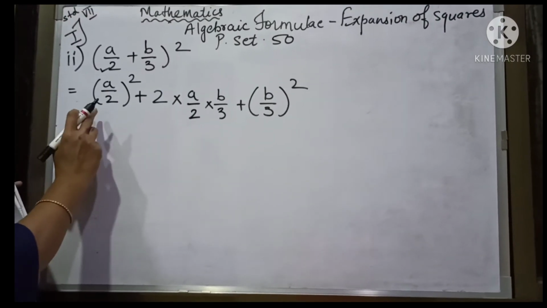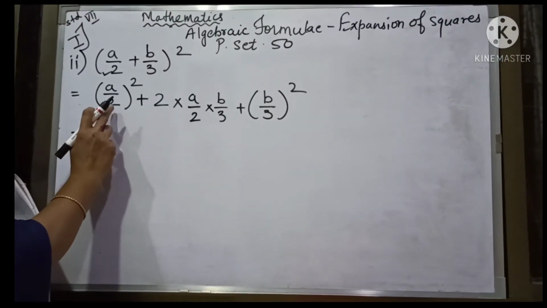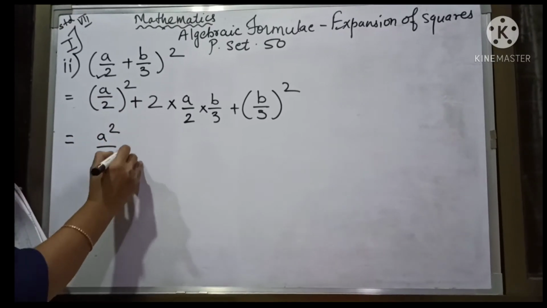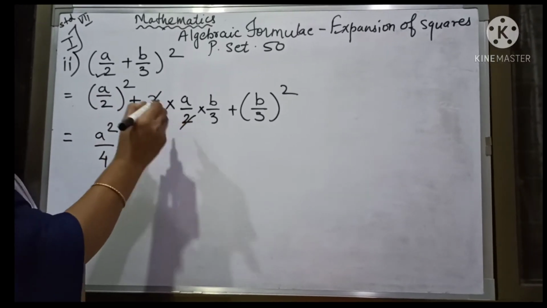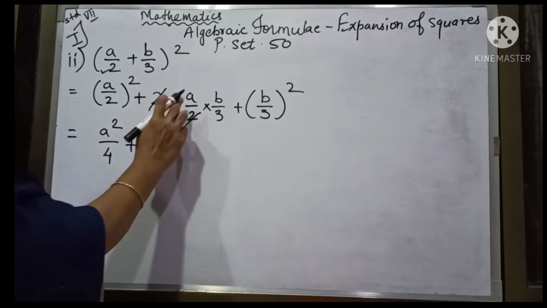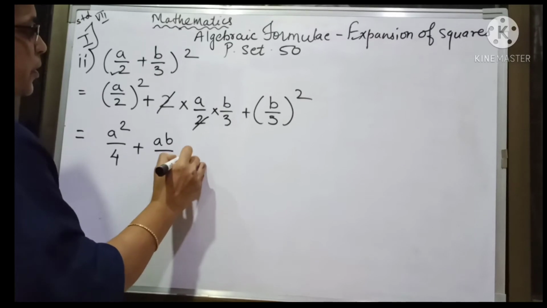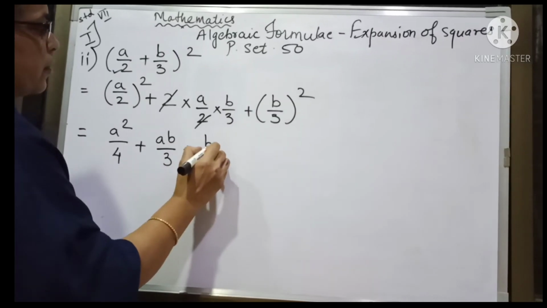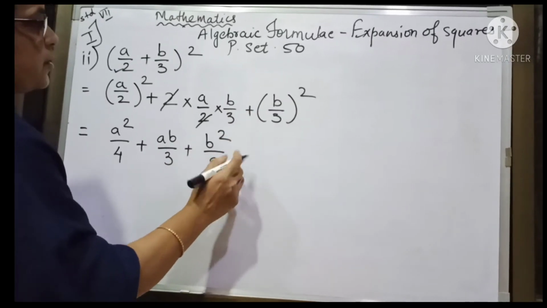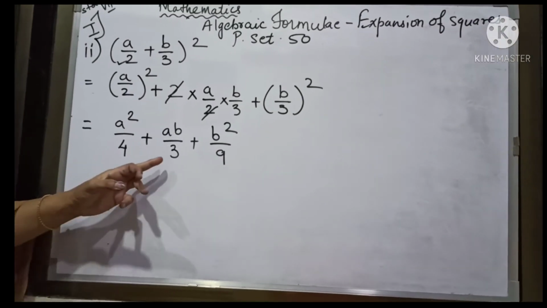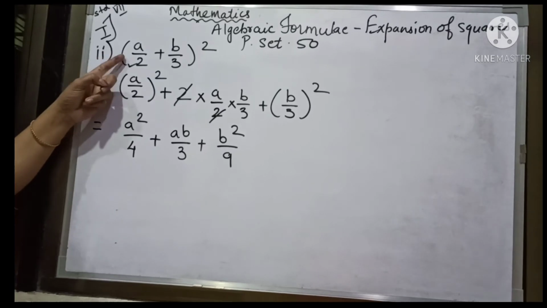So after finding out the product, we will write A square upon 4 plus these two will get cancelled, AB upon 3 plus B square upon 9. Square of 3 is 9. So this is the expanded form of this binomial.